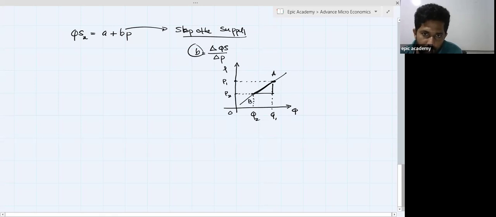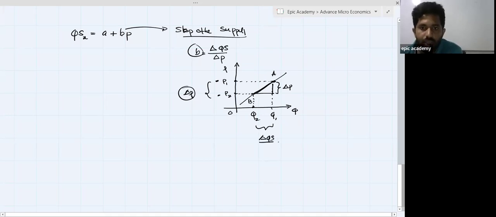From P1 to P2, this value is the delta P, because this is the first price and this is the second price. These two points, Q1 and Q2, represent the delta QS, the difference in quantity supplied.